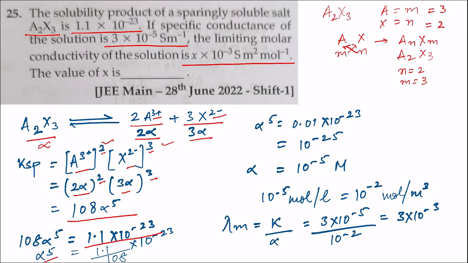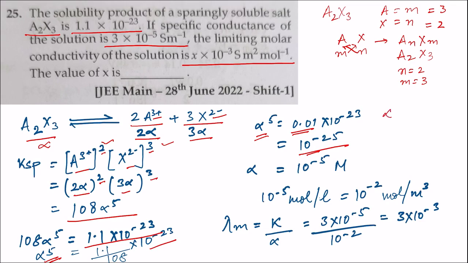So alpha raised to the power 5 will be equal to 1.1 divided by 108 into 10 to the power minus 23. 1.1 divided by 108 is 0.01, so 0.01 into 10 to the power minus 23 is 10 to the power minus 25.